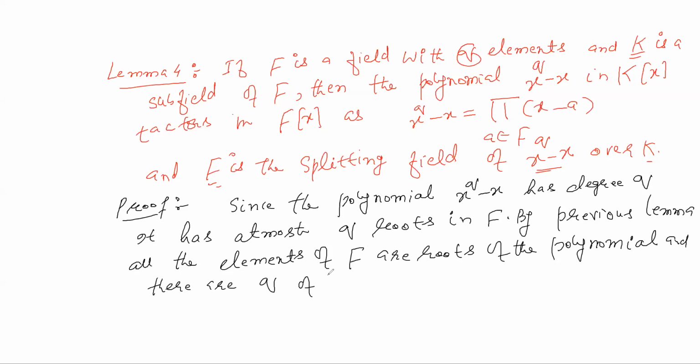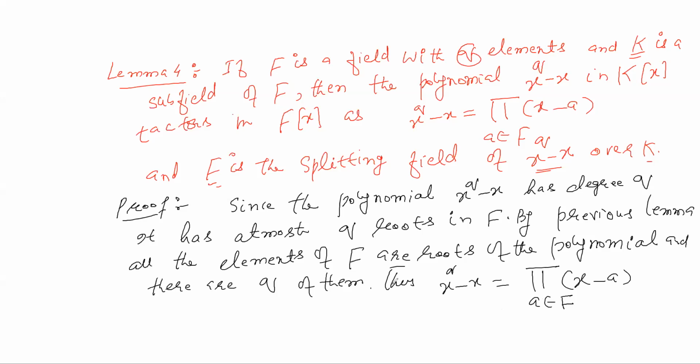So what does it mean? It means that this polynomial splits over F. So thus the polynomial x raised to power q minus x has this property, that it splits as product of (x minus a) in F.